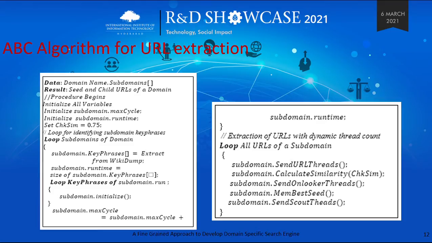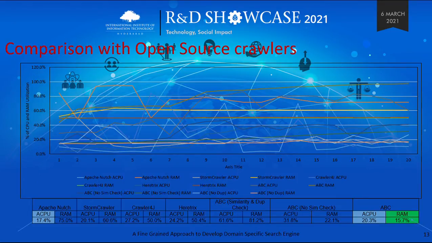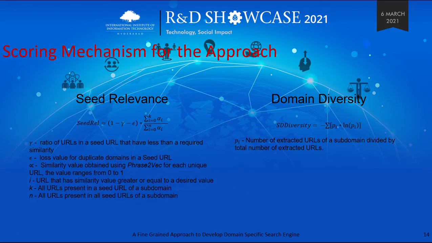When we compared this approach with existing open source industry scale crawlers like Apache Nutch or Storm Crawler, we found that with our extended approach we consume less CPU and even RAM as compared to the large scale deployments.